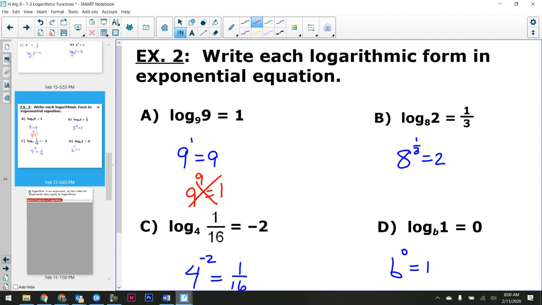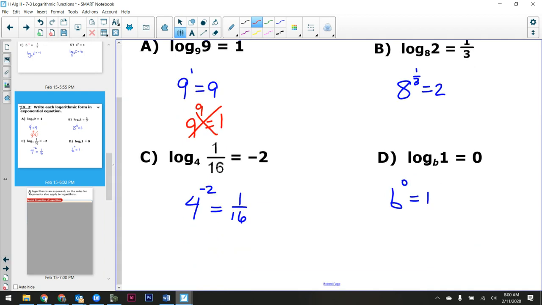One thing that I wanted to point out. Everybody look at D there. That's a special property. If I didn't know what this was, and I asked you b to the what power always gives us 1?